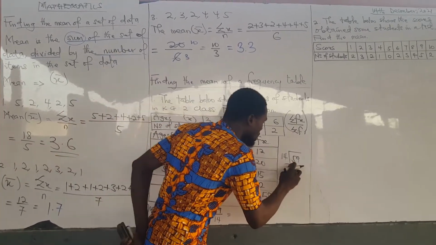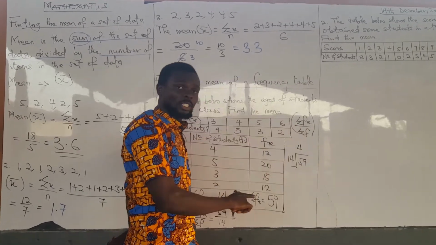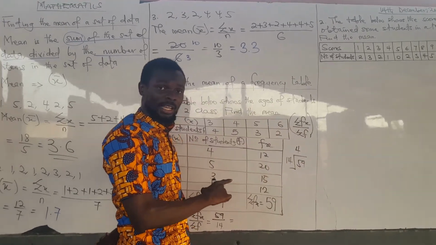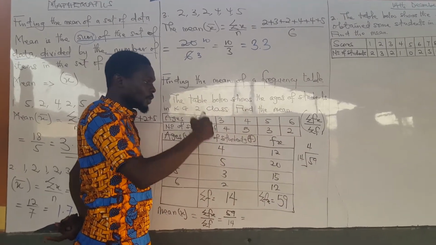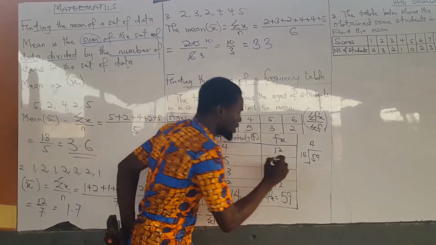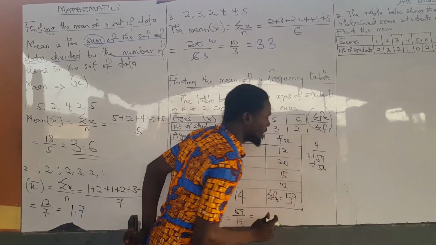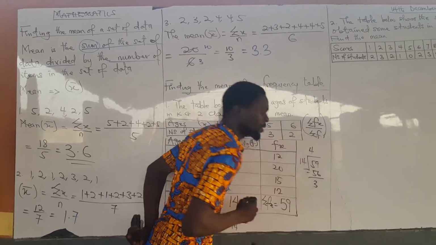So 14 will go into 59 4 times. 4 times 14 is going to give us 56. And when you do your subtraction here, you are going to get 3.